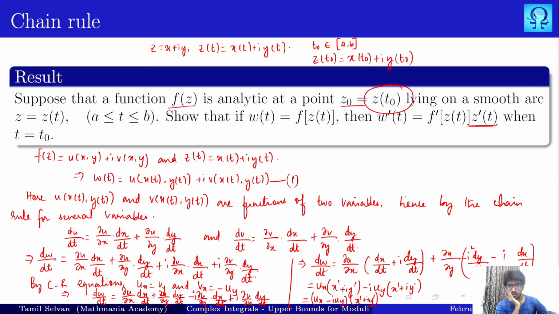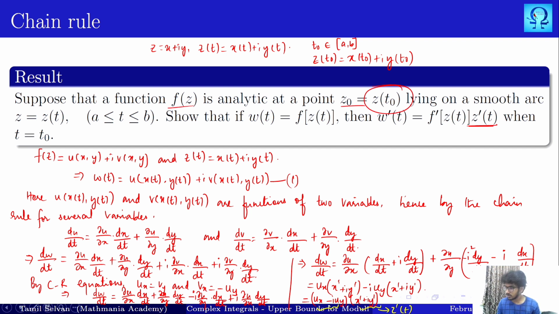Okay, are we done? Or did we leave anything here? Go through this once again, and I think we are almost done. So this quantity x prime plus iota y prime can be written as z prime of t, and we'll just say this is f prime of z.